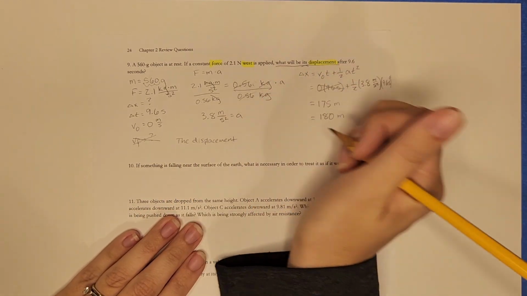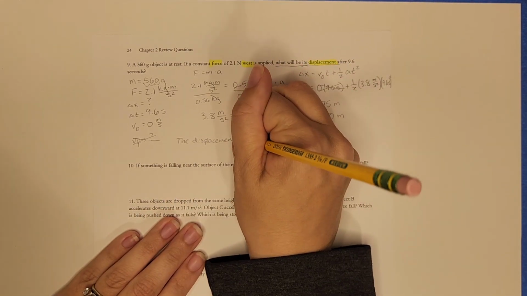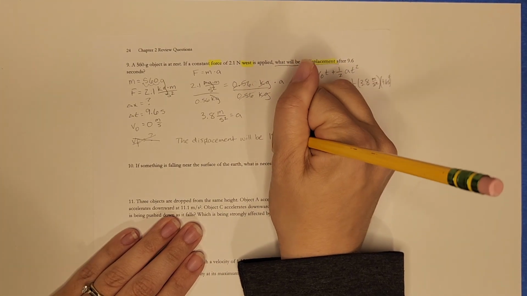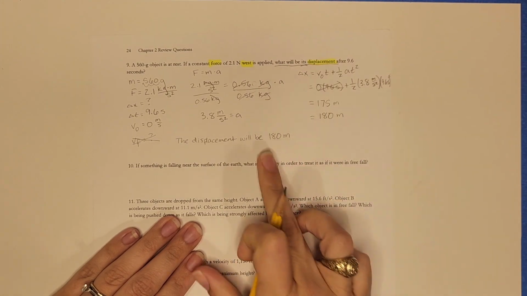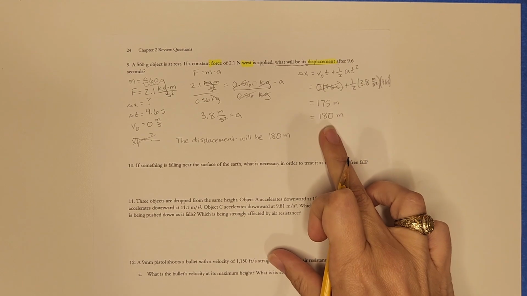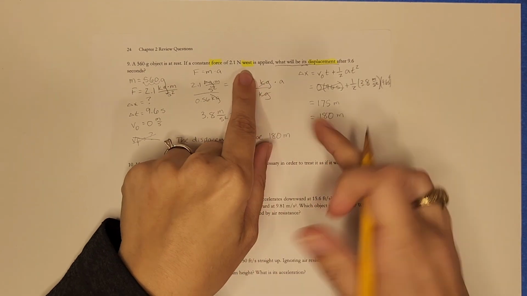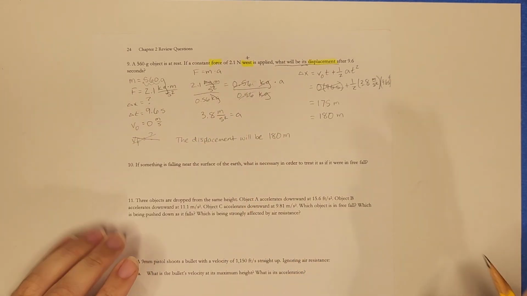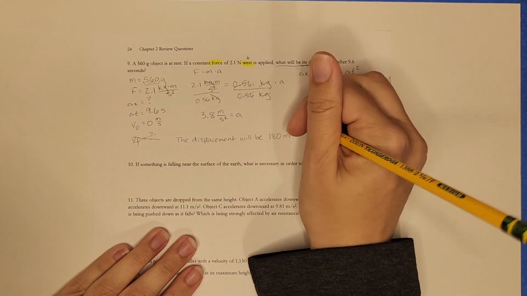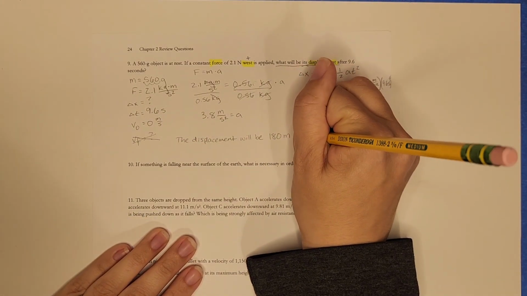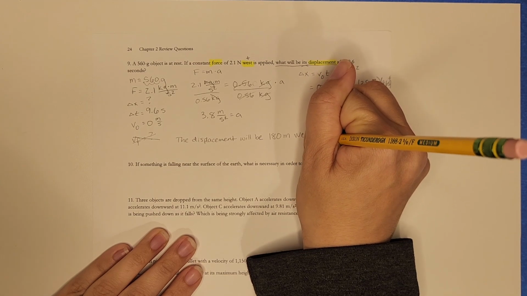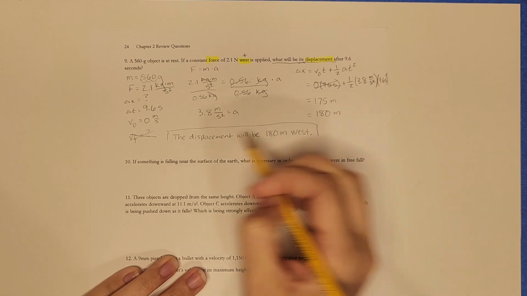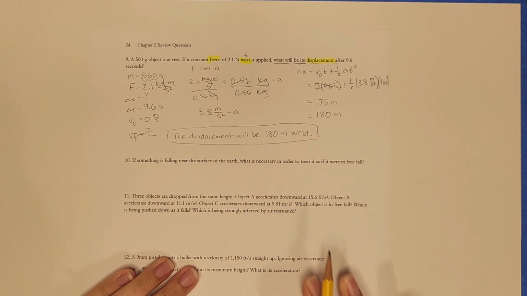So the displacement will be 180 meters. And my direction, this is positive. I didn't write it here, I should have, but west was positive. So 180 meters west. And that is our answer for question 9.